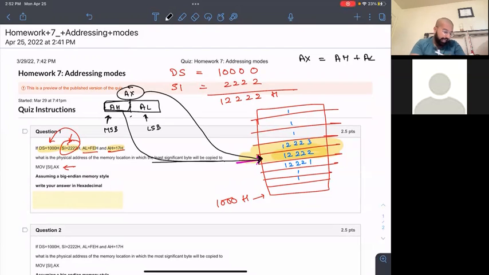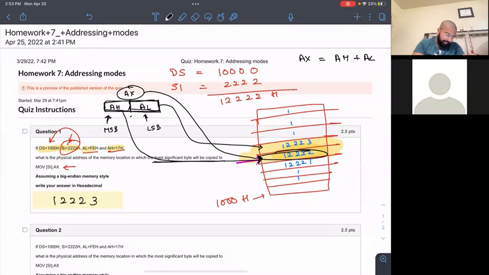And since this location is only capable of storing 16 bits, the other 16 bits will be saved in the location right above it. So the least significant part, the AL information, will be stored in this section of the memory. This means the least significant byte will be copied to 12223 at this memory address.